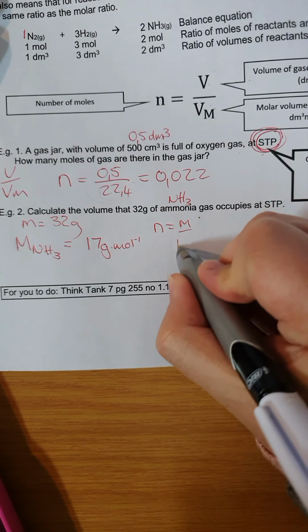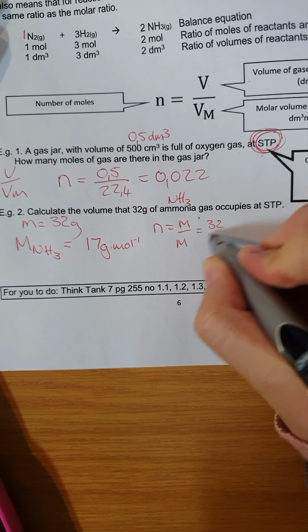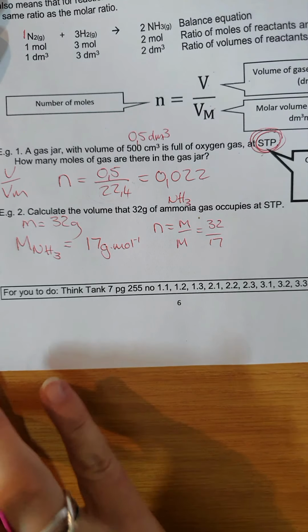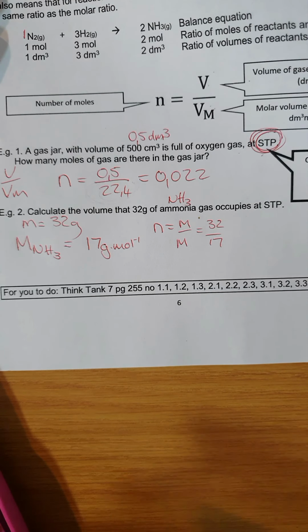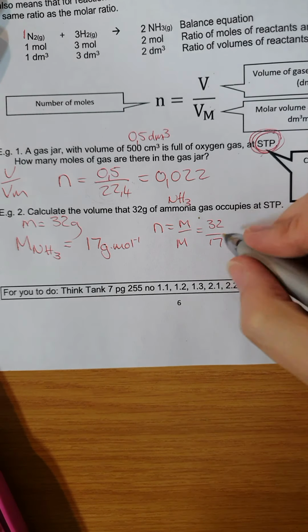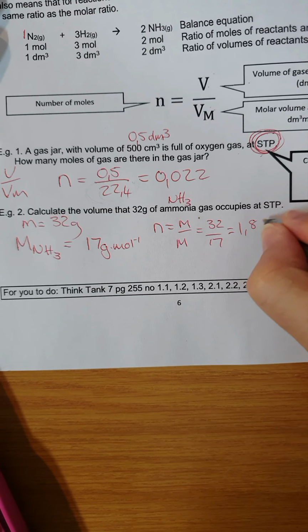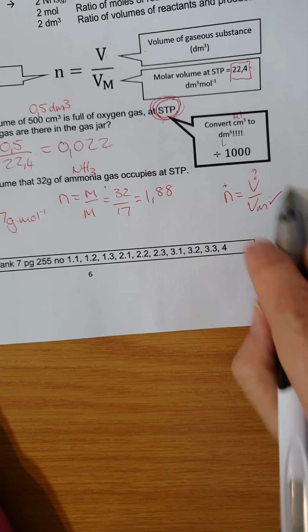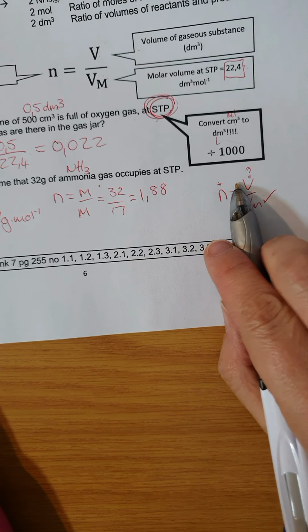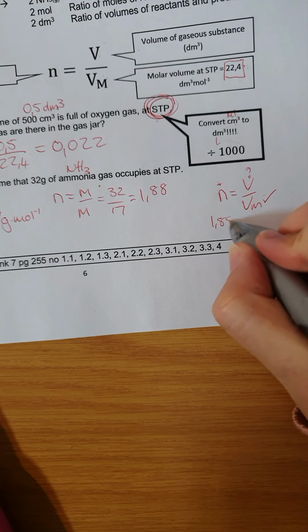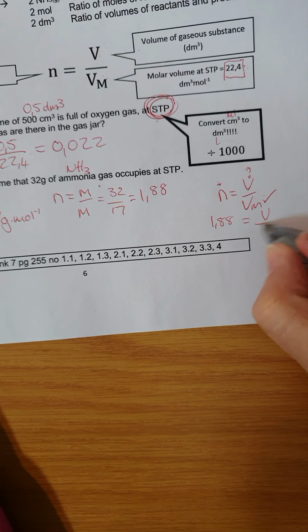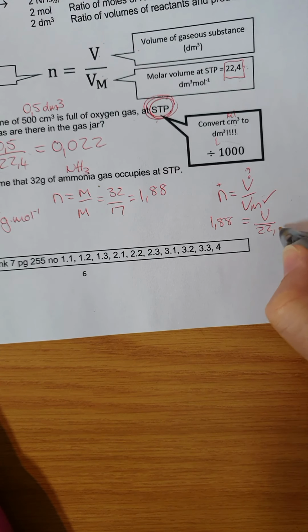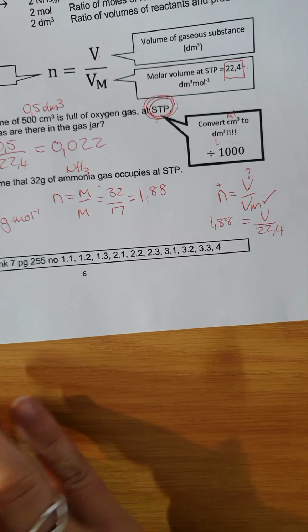So mass over molar mass, 32 divided by 17. I probably should know this, but I'm tired. Okay, 1,88 moles. Now we can put it in this formula and get the volume. So 1,88 is equal to the volume over molar volume, which is 22,4. We can use it because it says STP.